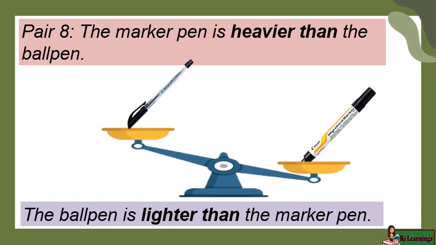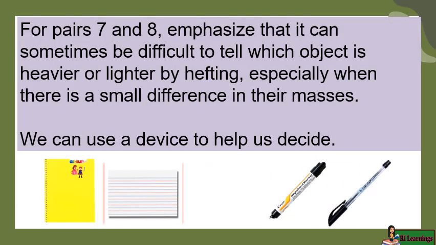The ball pen is lighter than the marker pen. For pairs 7 and 8, emphasize that it can sometimes be difficult to tell which object is heavier or lighter by hefting, especially when there is a small difference in their masses. We can use a device to help us decide.